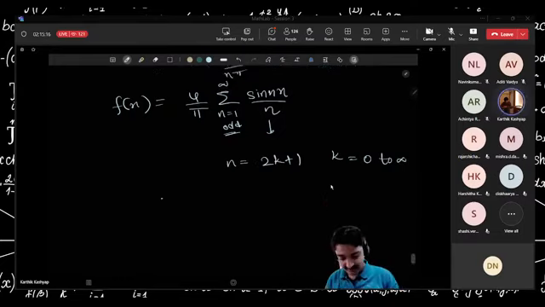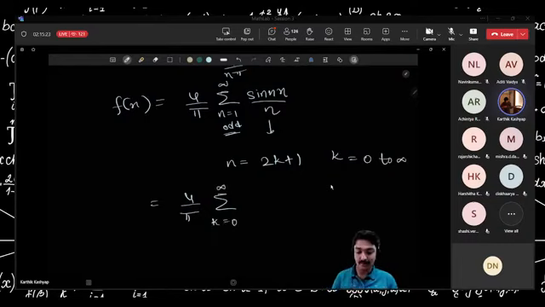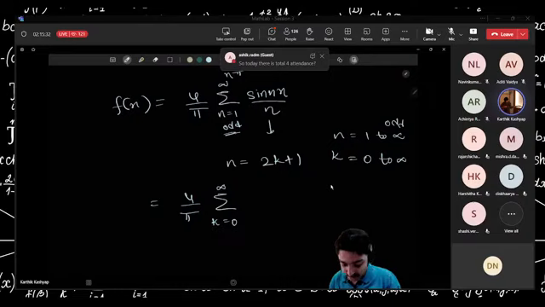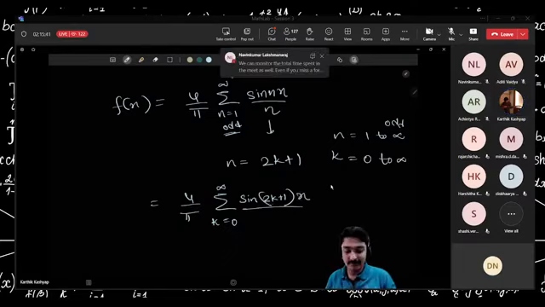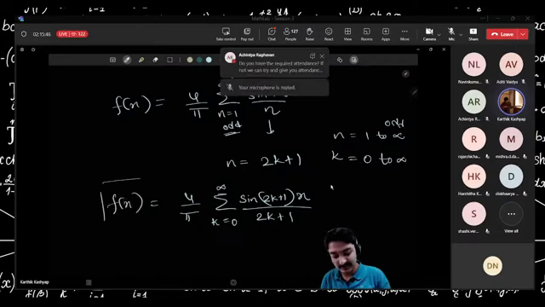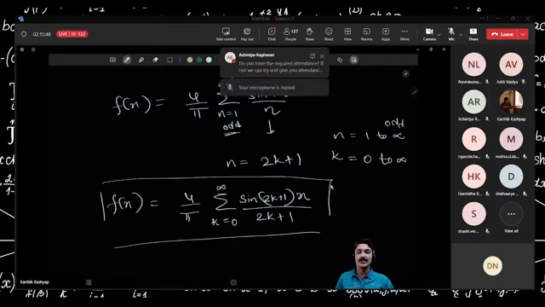So this changes the summation to 4 by pi times summation k is equal to 0 to infinity, not 1, because that is where it starts. When n is equal to 1 to infinity and odd, k starts from 0 because n is 2k plus 1. So summation k is equal to 0 to infinity sin of 2k plus 1 times x divided by 2k plus 1. So this is the simplified Fourier series that we have obtained so far.